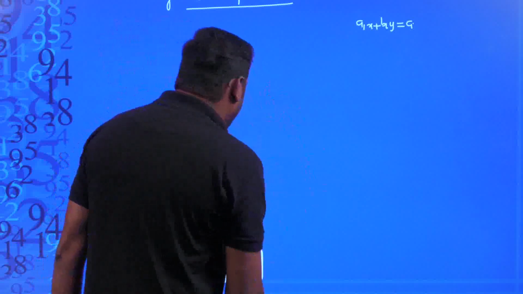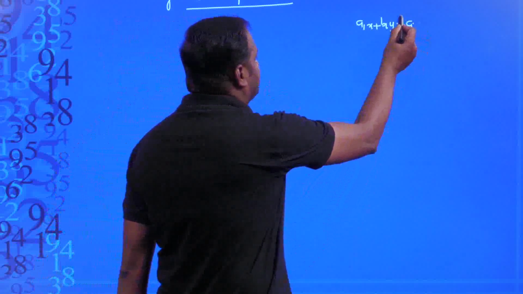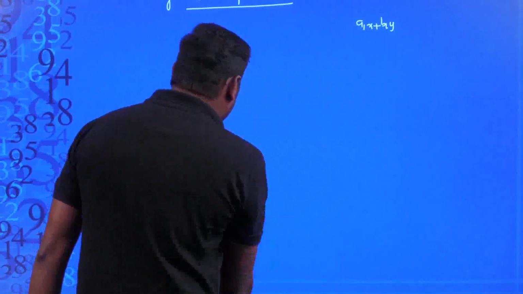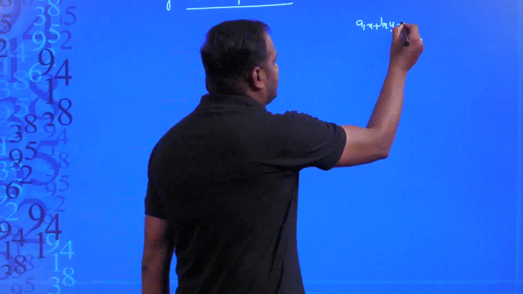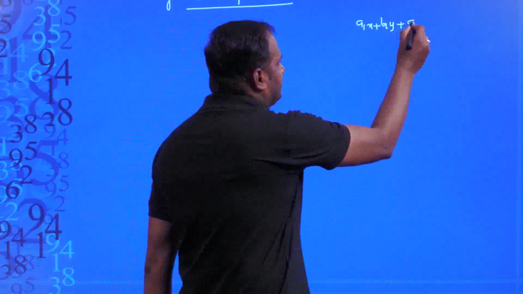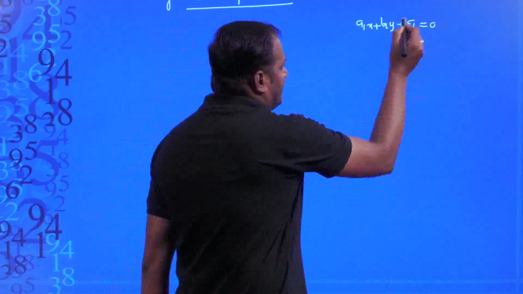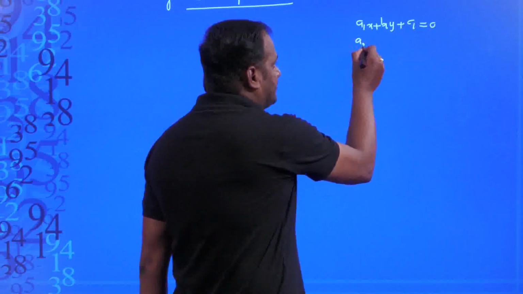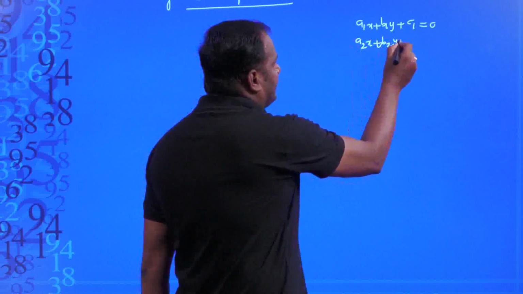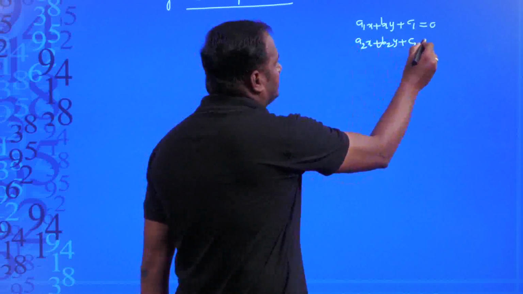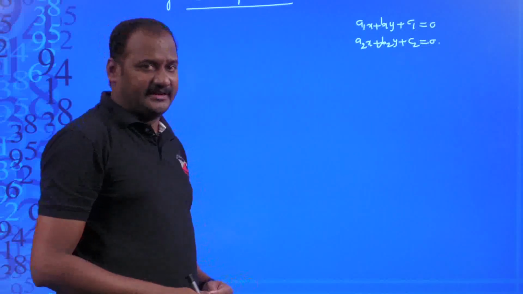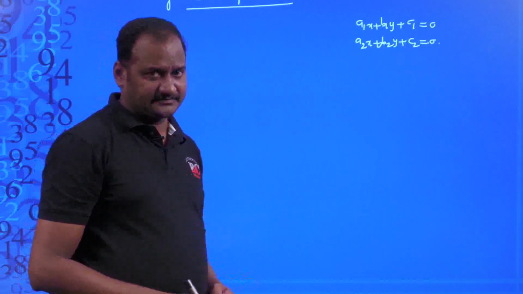So, we are taking the standard form of linear equations, ax plus by plus c is equal to 0. Since it is the first equation, a1x plus b1y plus c1 is equal to 0. Similarly, the second equation is going to be a2x plus b2y plus c2 is equal to 0, the second equation in the standard form, right.